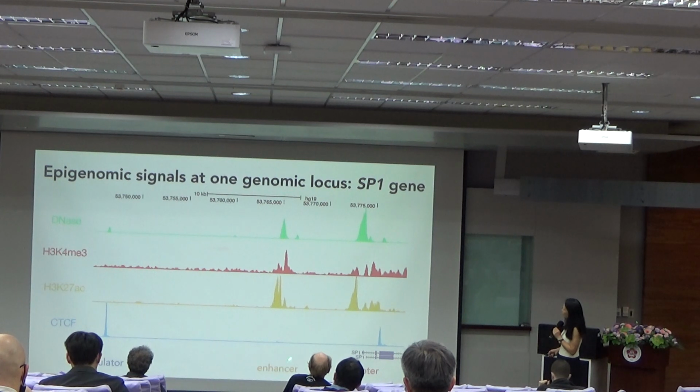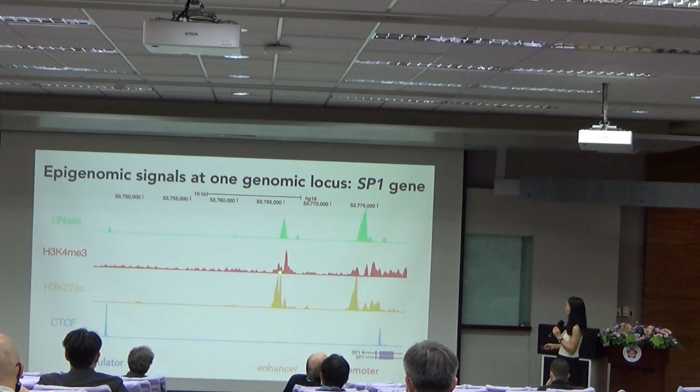And then an enhancer is usually far away from a transcription start site, also marked by this enhancer histone mark, and also has some transcriptional activities. A lot of enhancers are transcribed. So it also has high K4me3 and open chromatin. And the insulator, you can see, is also open chromatin and bound by CTCF.